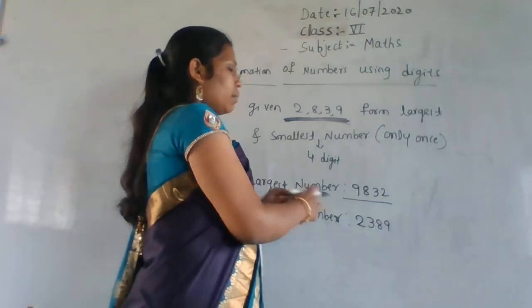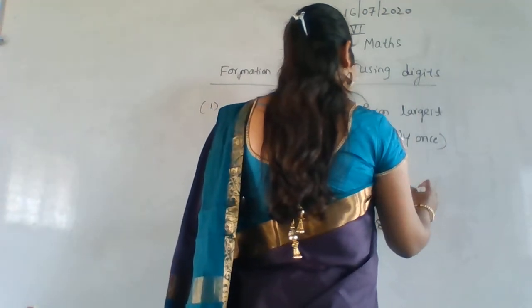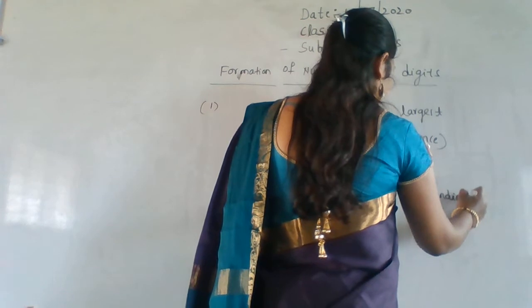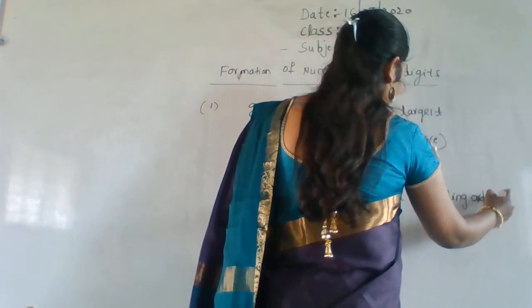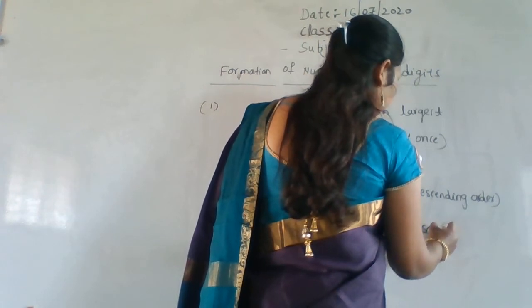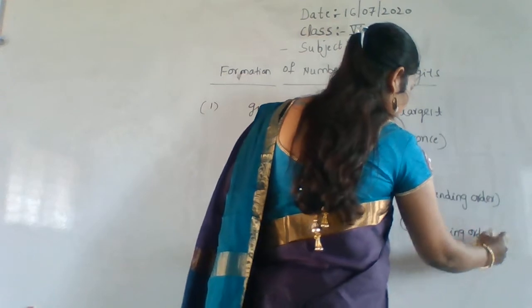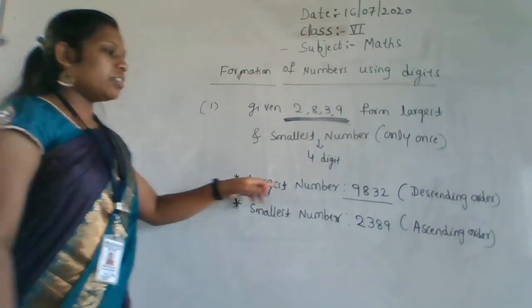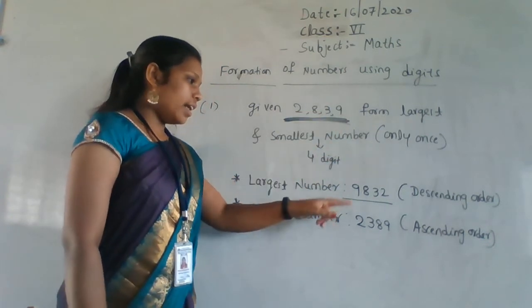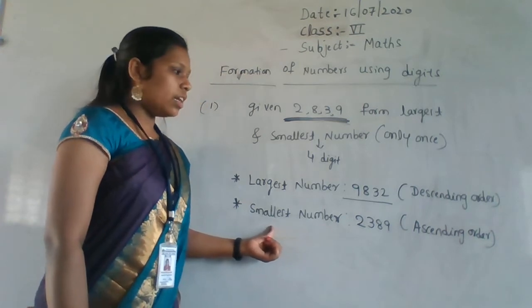Largest number is nothing but a descending order. And smallest number is nothing but an ascending order.